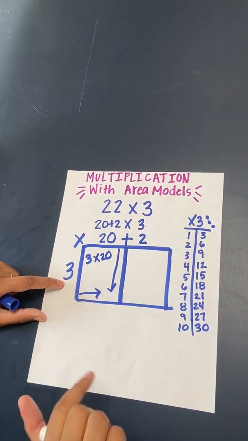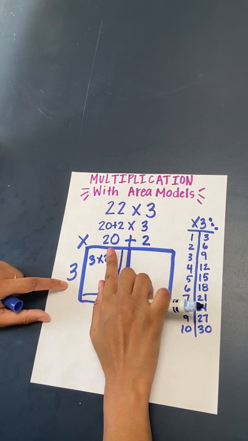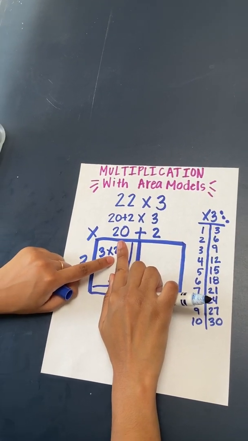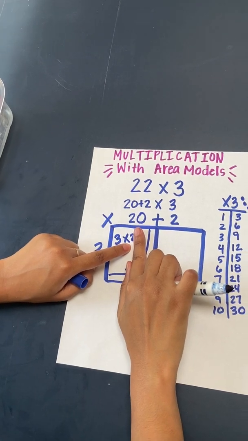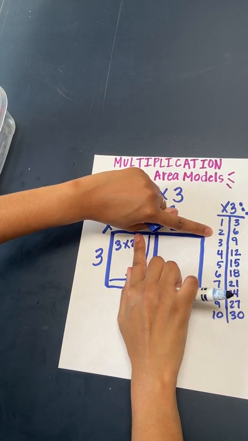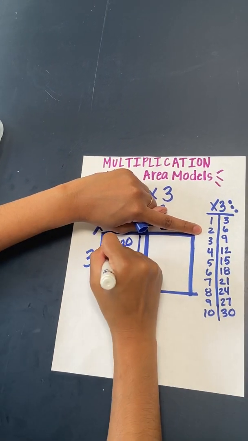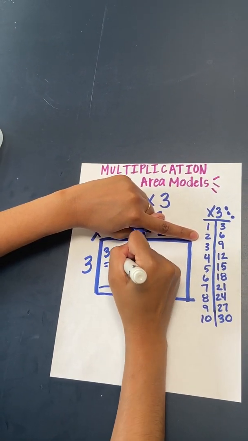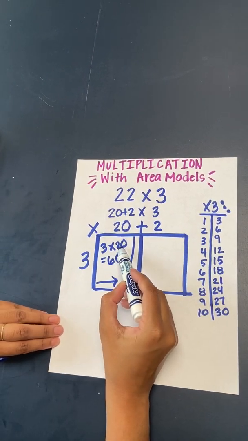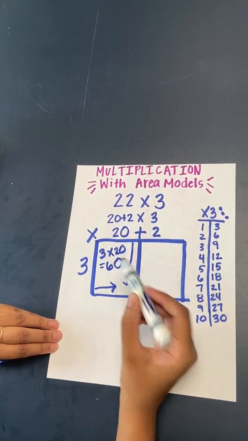But here's a trick. If I cover up my 0, I can look and I can see 3 times 2 equals, luckily I've made my t-chart. Go ahead and find it. 3 times 2 is 6. And I bring my 0 down. 3 times 2, 20, gives me 60.